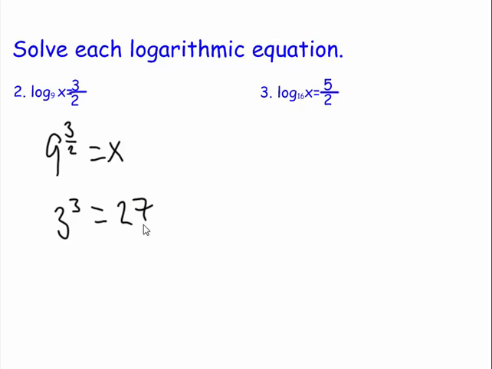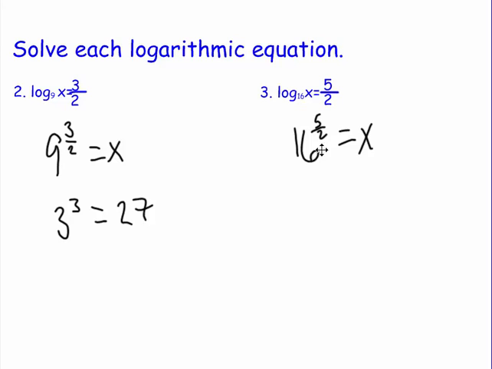Why don't you try number 3? Press pause, try number 3. Remember to rewrite, and then press play and we'll do it together. This should be 16 to the 5 halves equals x.